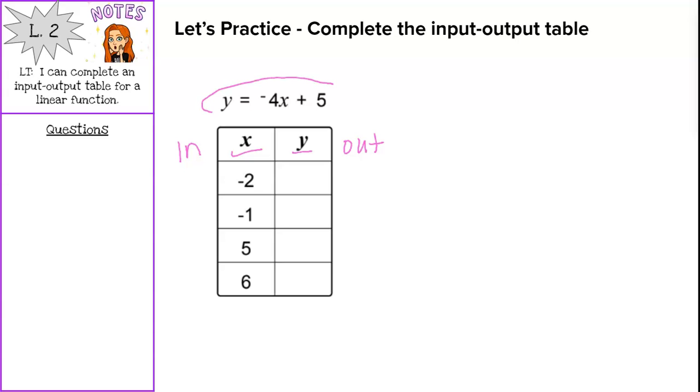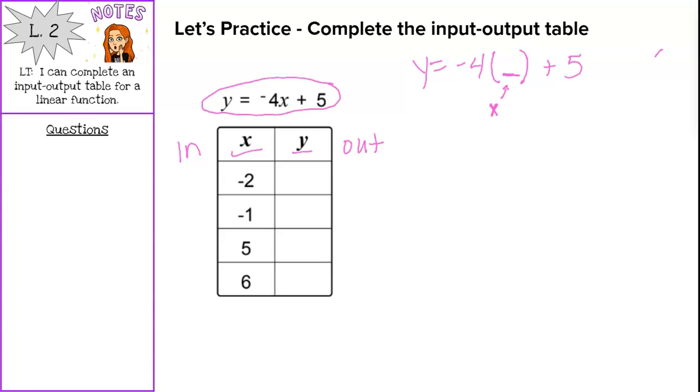So y equals negative 4x plus 5. I'm going to rewrite this as y equals negative 4, and then when I see x, instead of putting x, I'm going to put a parenthesis, and then plus 5. So right here in this parenthesis or this blank is where I'm going to put all of my x values or my input values.